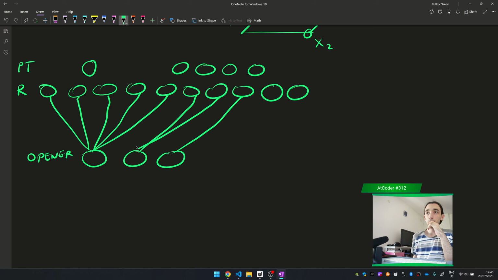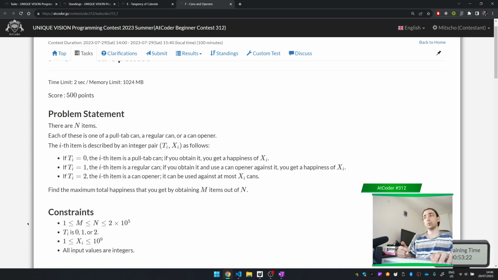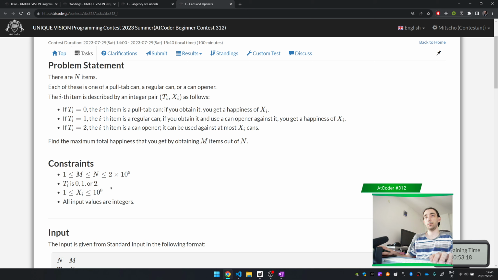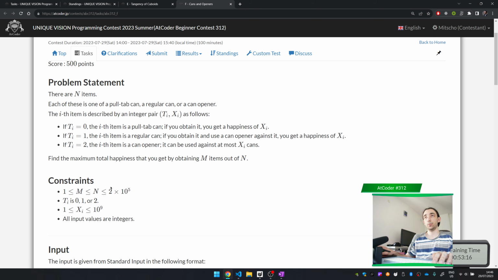And now you want to say that, okay, if you're buying this, then I have M items to buy, right? So how would you go about buying this? Of course you could maybe do some max cost, max flow, but this is not the point of the problem.